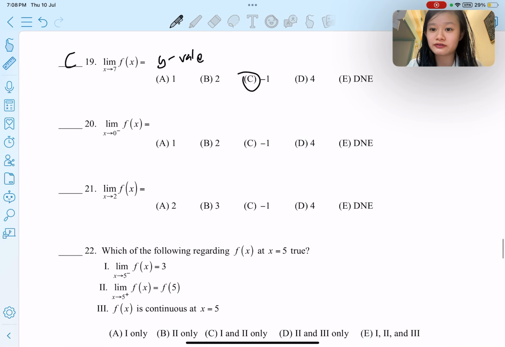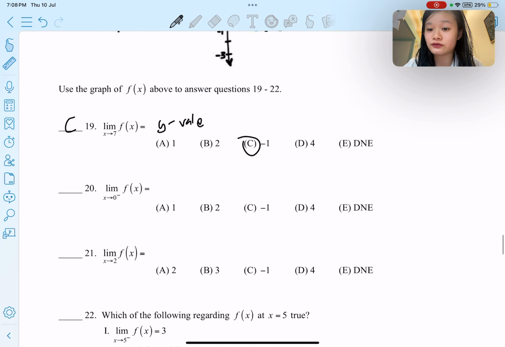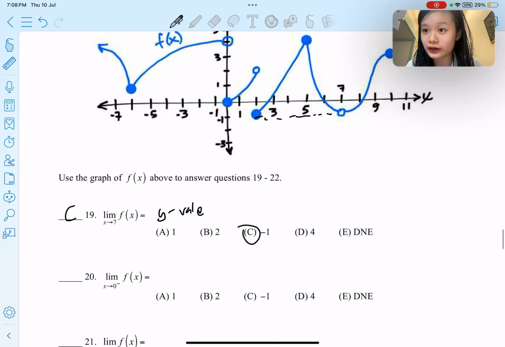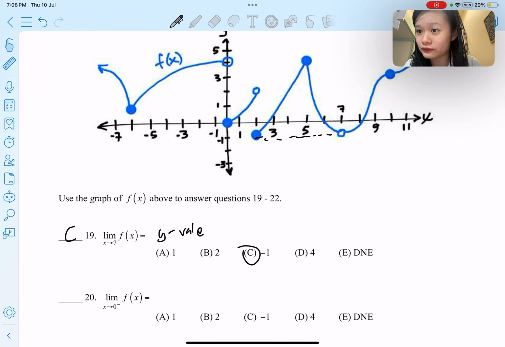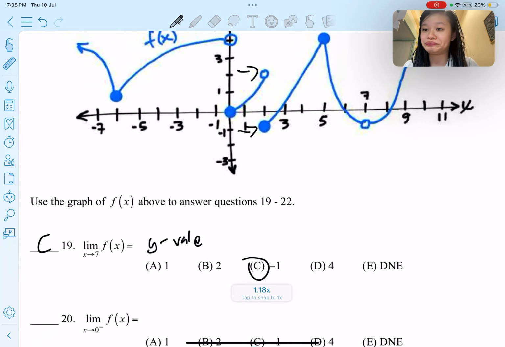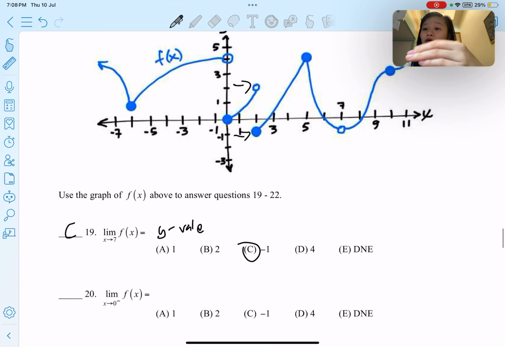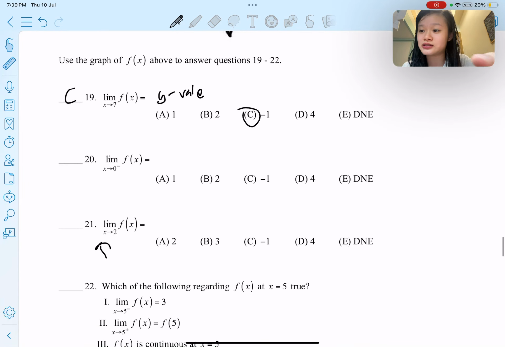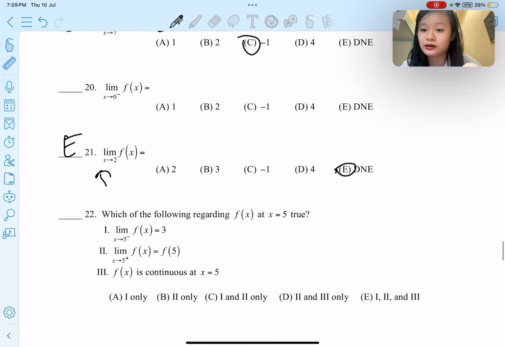Now the limit of f of x as x approaches 2: you have two values, this and this. It doesn't matter if it's a hole or a full dot. Is it approaching the same value? It is not, so the limit does not exist.